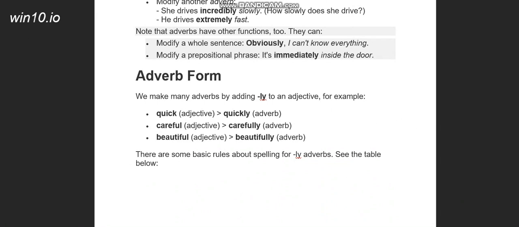But when you add ly, it becomes an adverb. Just like that, careful is an adjective. When you add ly, it becomes carefully, which means it is an adverb now. Beautiful is an adjective, but when you add ly, it becomes an adverb, that is beautifully.